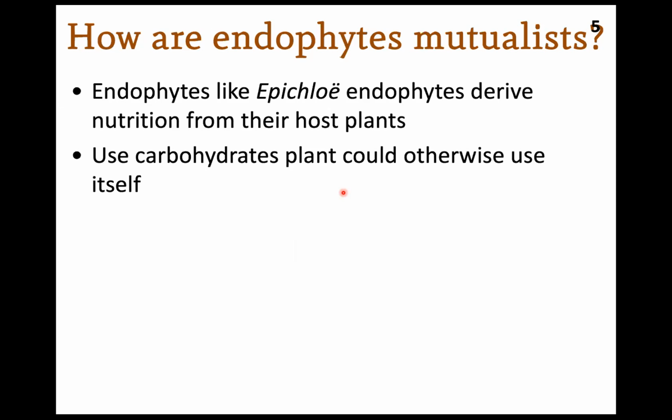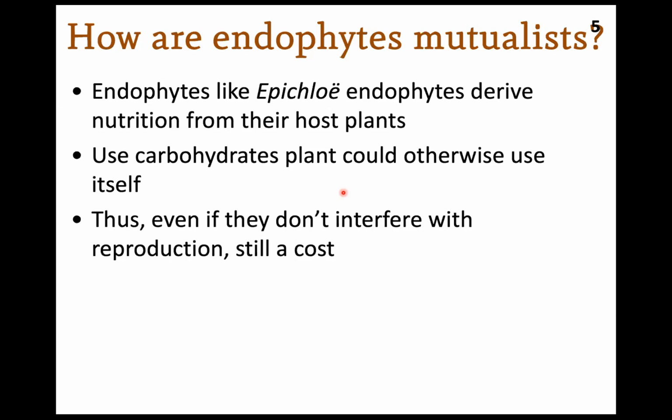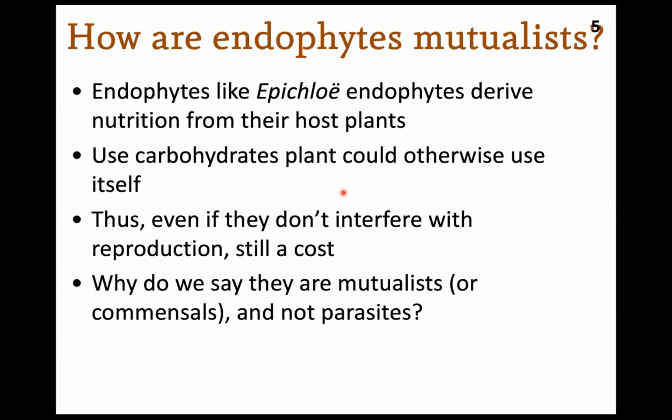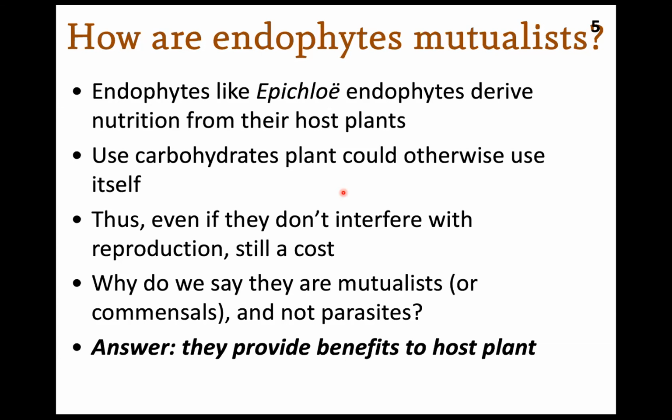So there is obviously a cost to these endophytes living in the plant and using these sugars. Even if they don't interfere with reproduction, these asexual endophytes are still a cost to their host plants. That really begs the question, why do we say they're mutualists or even commensals? Why are they not all pathogens or parasites? And of course, the answer is that they provide benefits to the host plant.